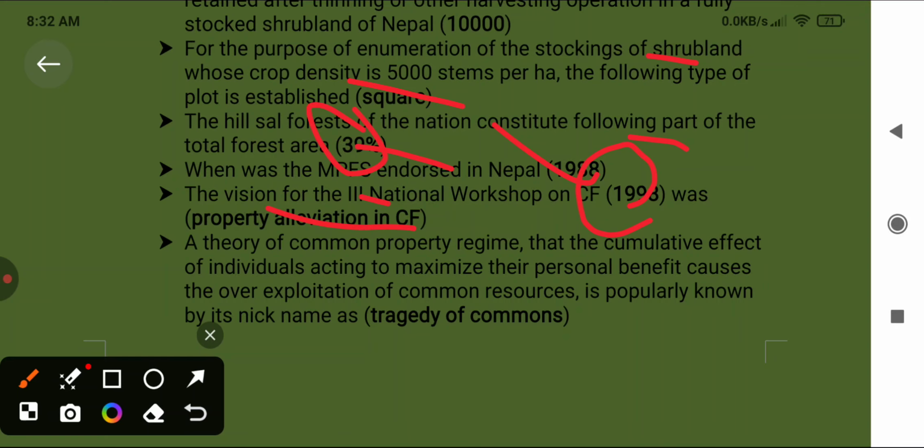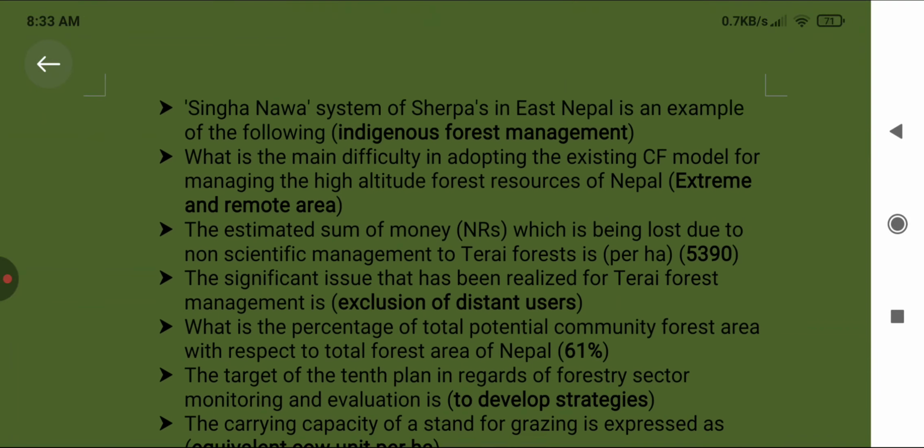A theory of common property regimes, that the cumulative effect of individual action to maximize personal benefit causes the over-exploitation of common resources, is popularly known by its name, tragedy of the commons.